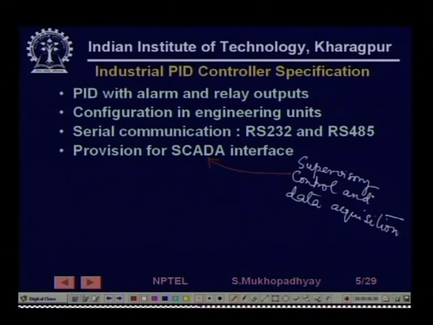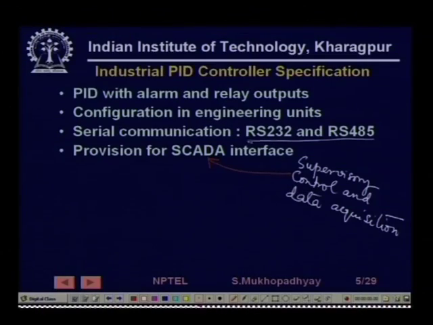It means that the controller can be in the field close to a machine or in a separate place, while the controller can be monitored from a different place, maybe a central control room. So, if you want to do that, then you need to have a supervisory control and data acquisition interface, by which sitting in the control room you can monitor the controller and see the performance of the control loop.